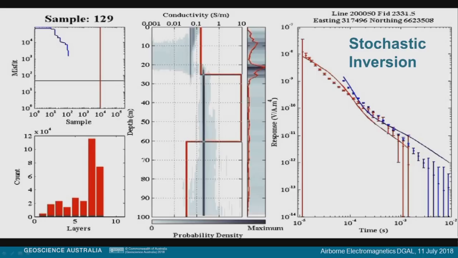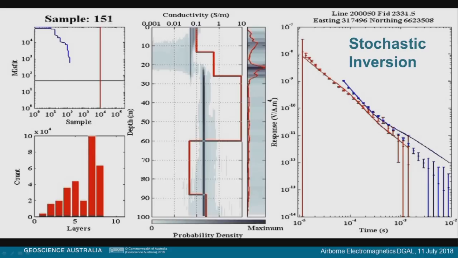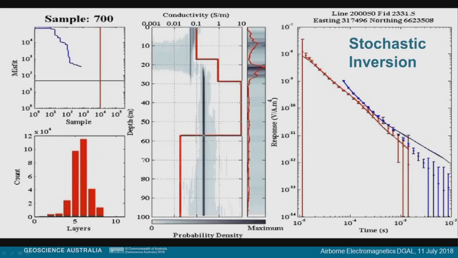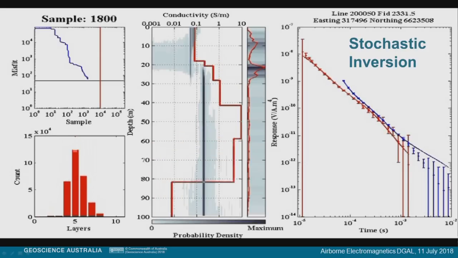And you can see in the background here, we've already got the solution. This is a posterior probability distribution, likelihoods of conductivity with depth. And along down the side here, we have counts of essentially likelihood of there being a layer interface at these particular depths.